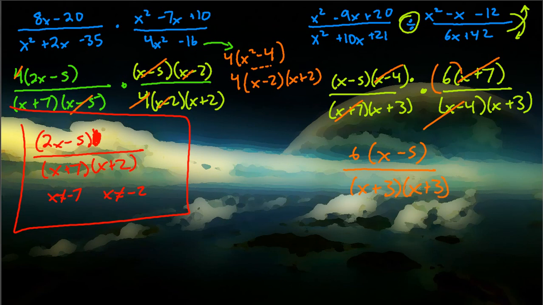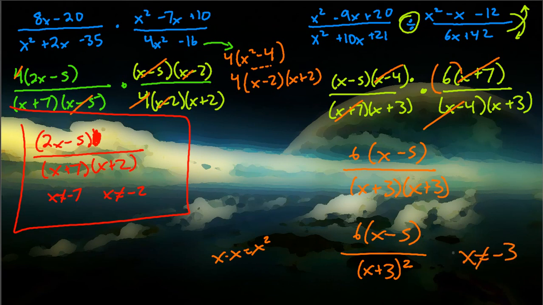Now, these are identical. So we could write that, although we do not have to, but we could write it as x plus 3 squared because we have 2 of them. Just like x times x is x squared, x plus 3 times x plus 3 is x plus 3 squared. And x cannot equal negative 3. And we don't need to state that one twice, even though we do have that factored 2 times.